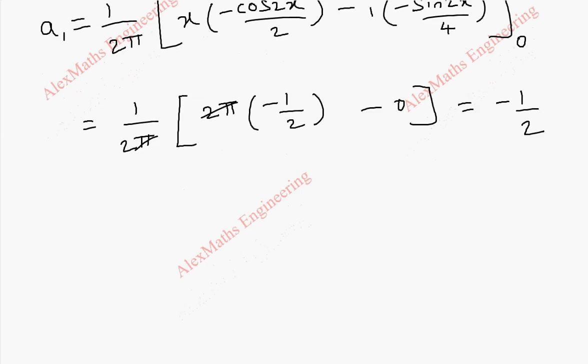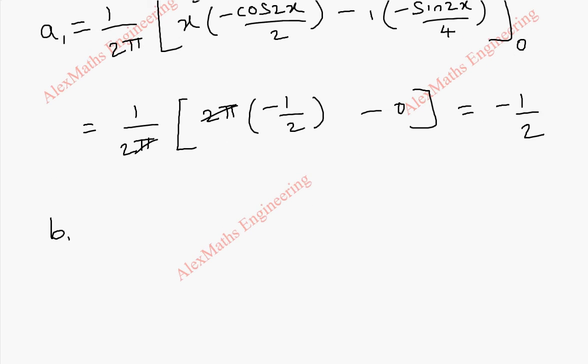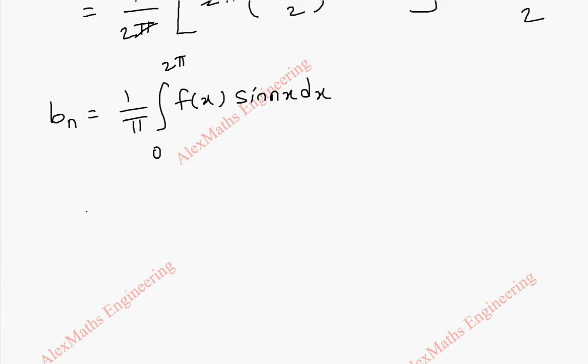Now in the same way, we are going to calculate Bn, which is 1 by pi integral 0 to 2 pi f of x into sine nx dx. So here this is 1 by pi integral 0 to 2 pi x into sine x into sine nx dx.